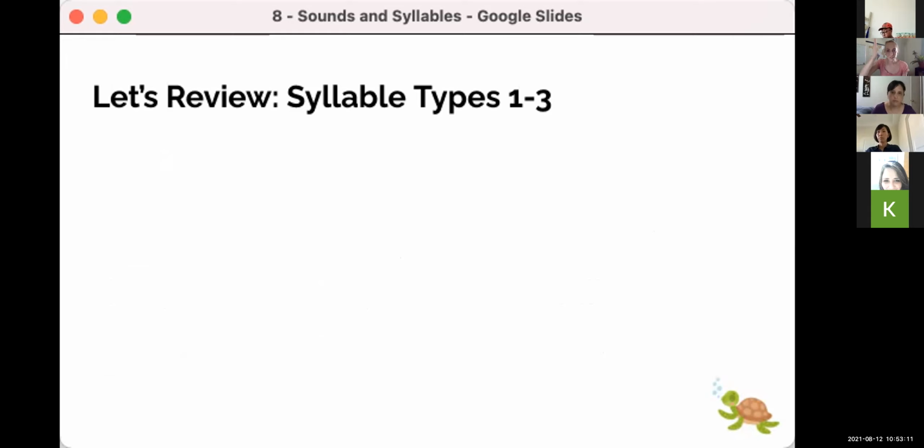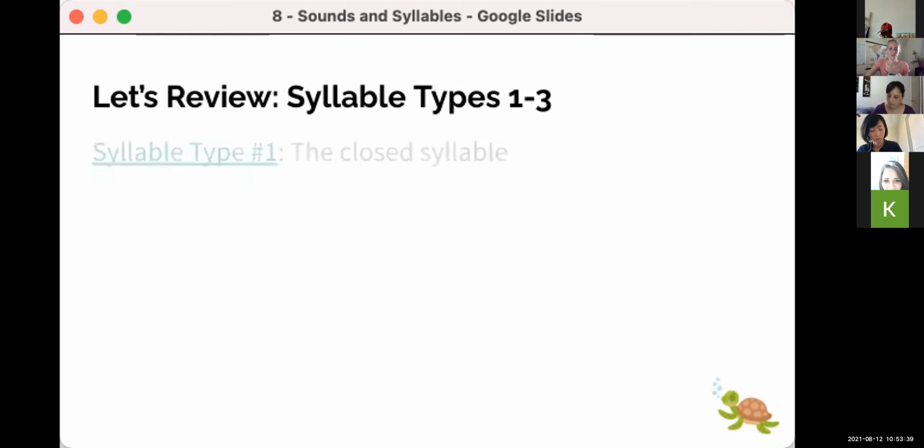We want to know where to divide the syllables of a word, as well as how that syllable type impacts the pronunciation of the vowel sound in that syllable. There are exceptions to all of the types. That's just how English is. There's always exceptions, but we can still recognize some patterns that make us better readers and speakers of English.